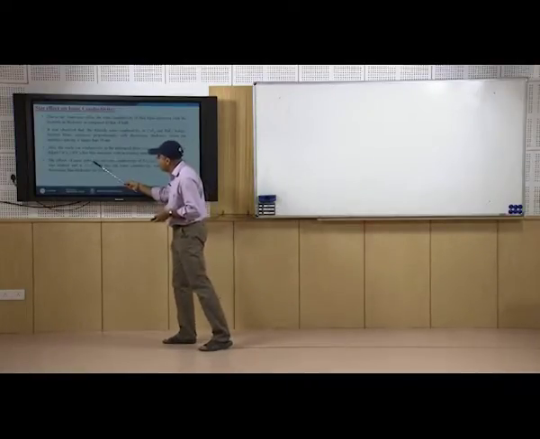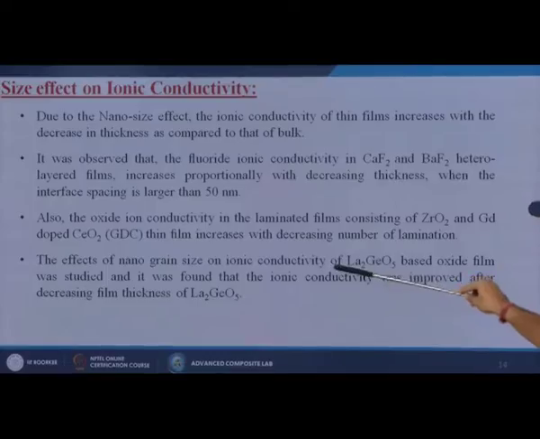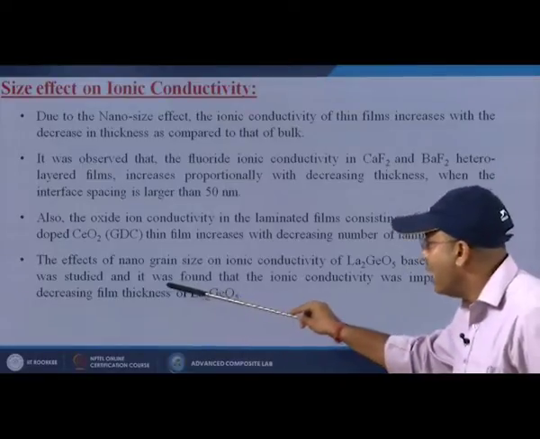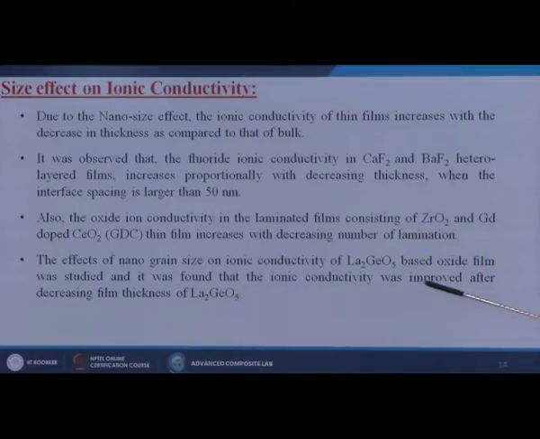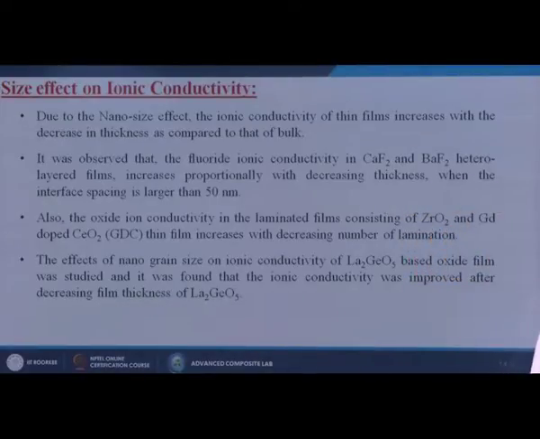The effect of nano grain size on ionic conductivity is the main vital point here. The nano grain size effect on the ionic conductivity of lanthanum gallium pentaoxide oxide film was studied, and it was found that the ionic conductivity improved after decreasing the film thickness of lanthanum germanium pentaoxide.